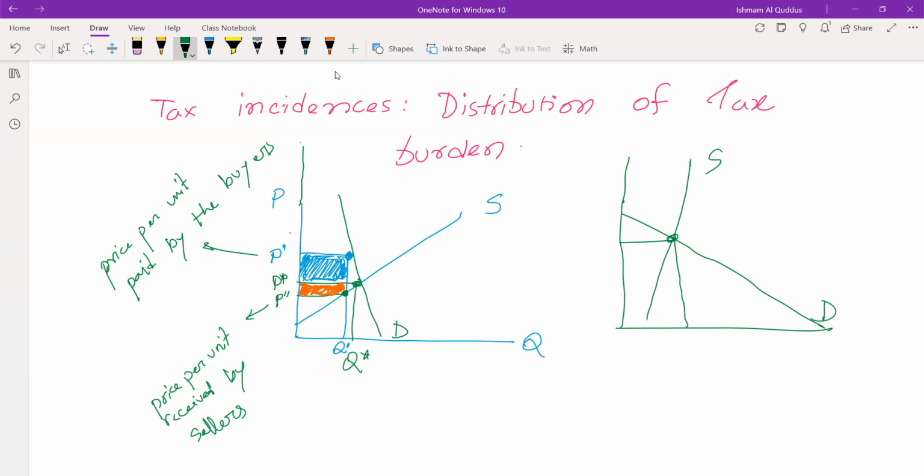Now there is some sort of tax imposed. Now this is P star, this is Q star. Then after the tax is imposed, the price per unit paid by the buyers, let's say it's here P prime. Now the corresponding quantity would be Q prime. Now, which one would be the price per unit received by the sellers? This would be here.